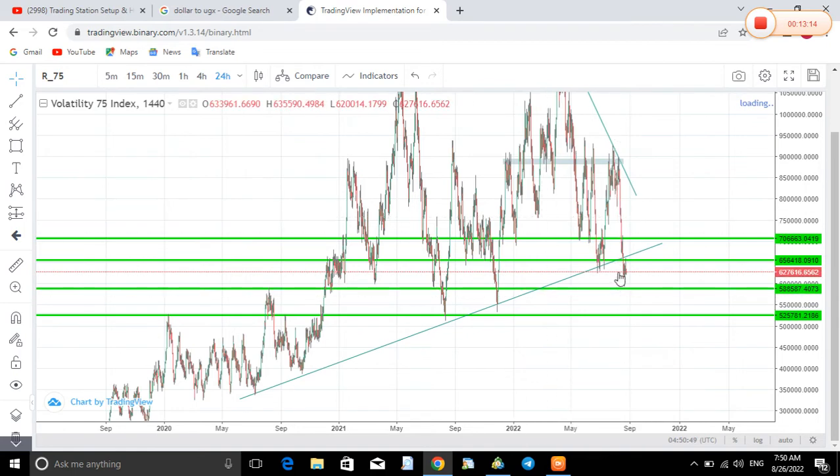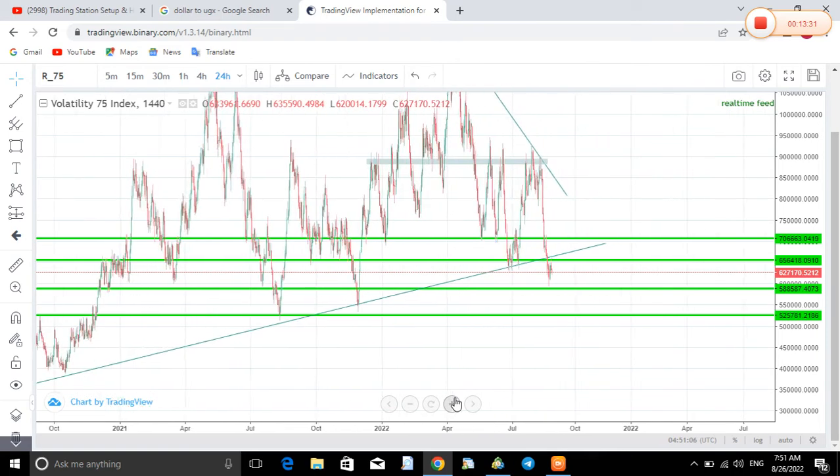So the price is trying to respect this particular trend line. Whenever 75 comes to this trend line, we are expecting a lot of reversals to the upside. But this time round, this trend line was broken.